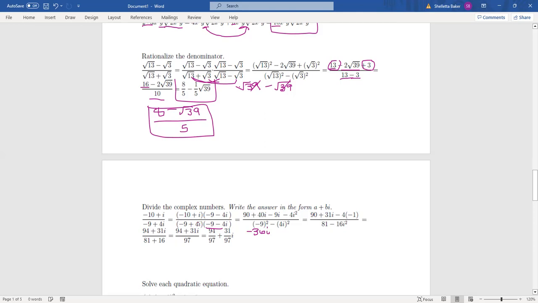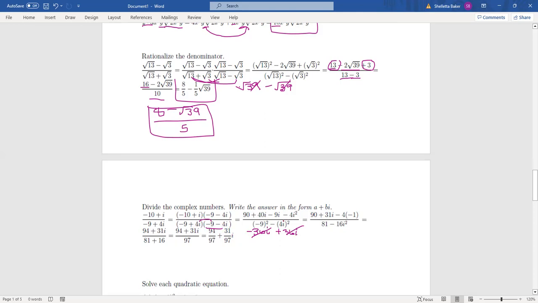And then positive 4i times negative 9 will give us another negative 36i. So we have a positive and a negative 36i, and those are going to cancel. So we're left with 4i minus 4i, which gives us negative 4i squared.